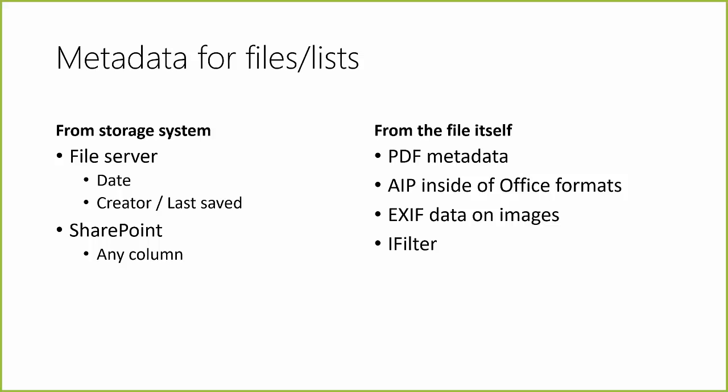And for images, you have EXIF data, and if you have other file formats, it basically depends on the iFilter processing the file, whatever metadata it can pull out from within the file format. And if it picks out metadata, it will output that as crawl properties, which you can then map and use.